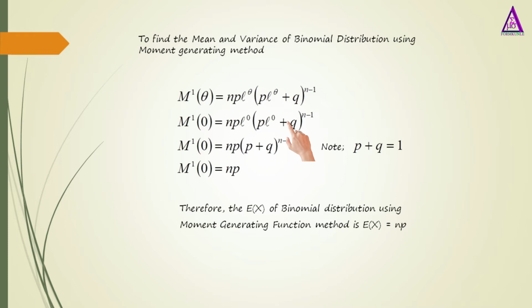We know that e raised to power 0 is 1, by pressing our calculator. So we have np times (p plus q) raised to n minus 1. Based on the binomial rule, p plus q equals 1.